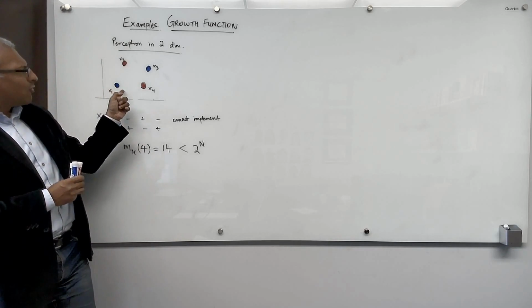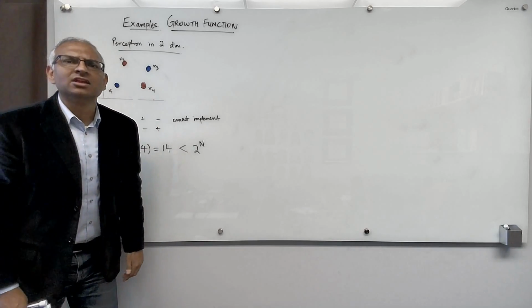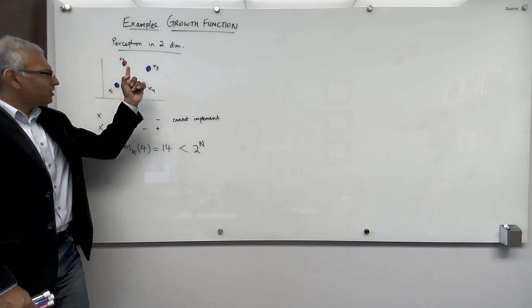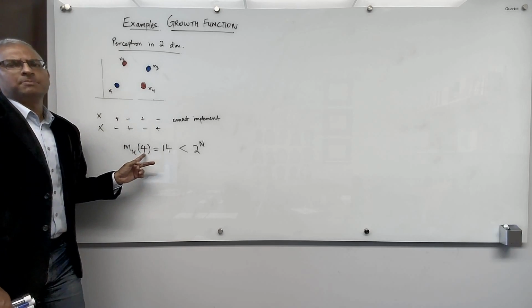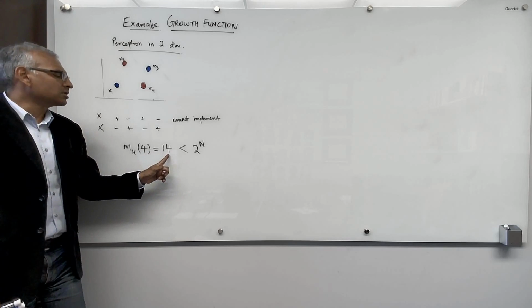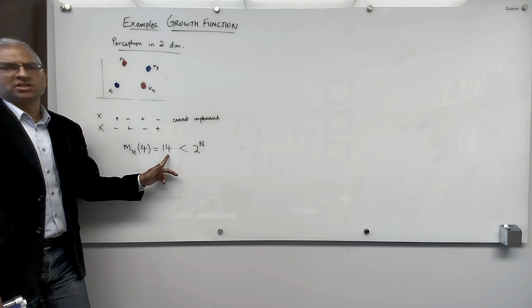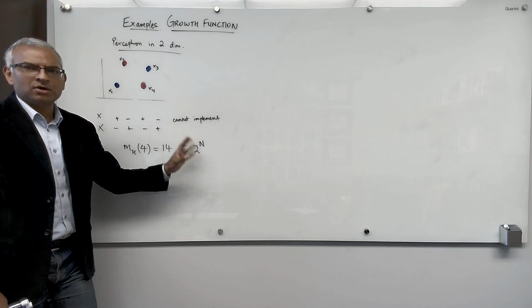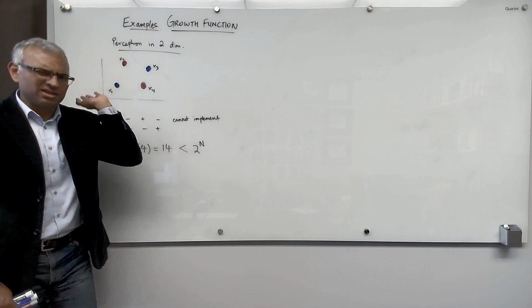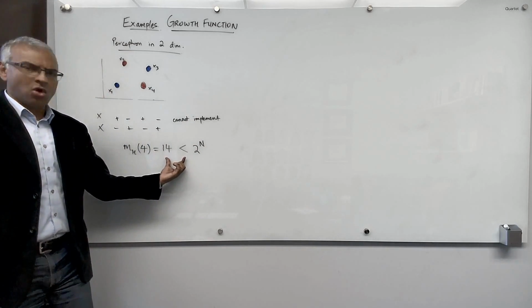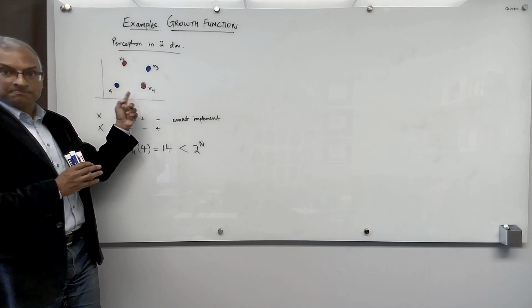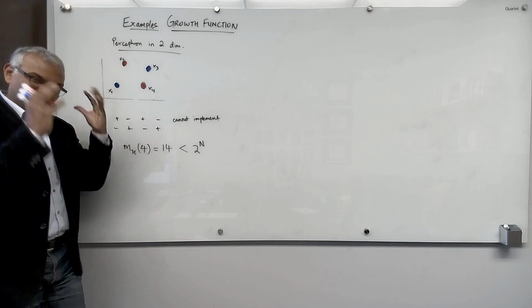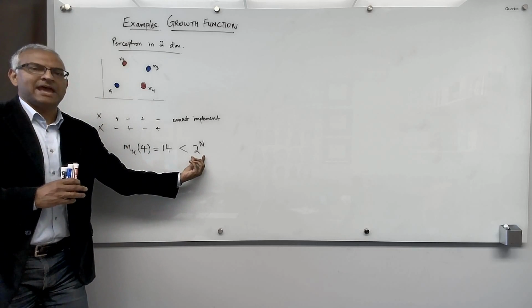Because look, 4 points alone reveal a deficiency. No matter where you place your 4 points, you're not going to be able to implement more than 14 dichotomies, which is less than that upper bound. This upper bound of 2 to the n is not going to be much use to us, but there is hope for the perceptron, that its effective complexity is not as bad as it could have been.